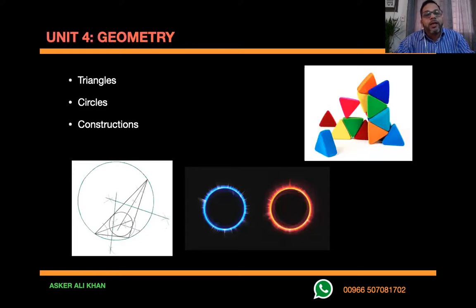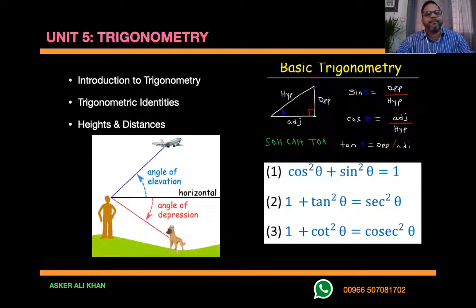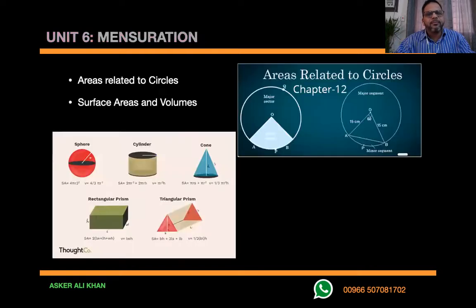Then in geometry, you'll be studying triangles, circles, and of course, some constructions. In trigonometry, you'll be studying an introduction to trigonometry, trigonometric identities, heights and distances, elevation, angle of depression.